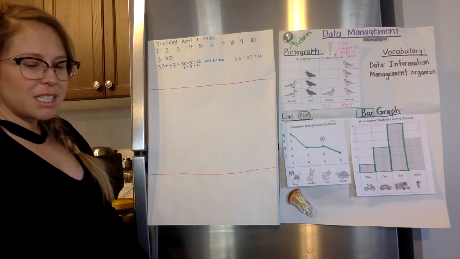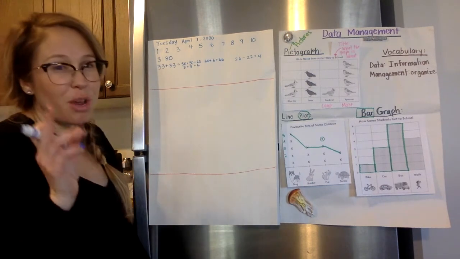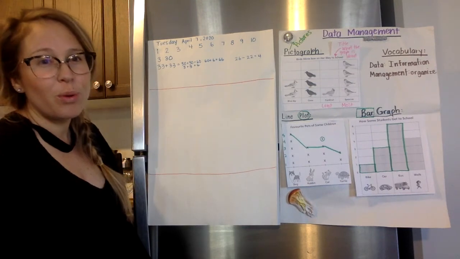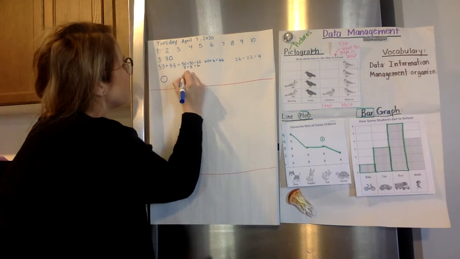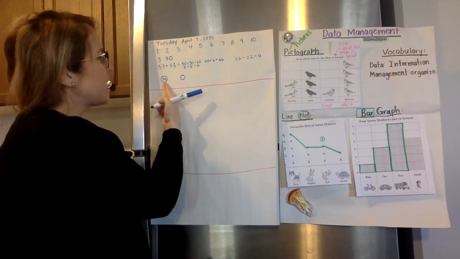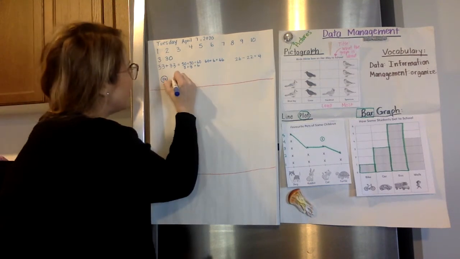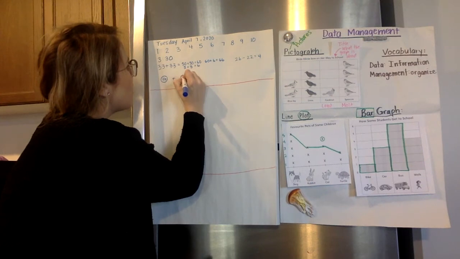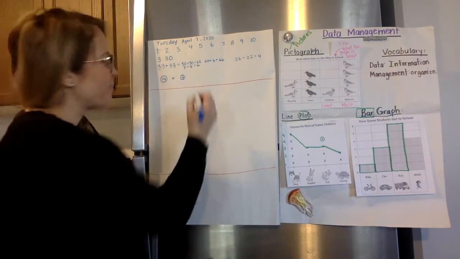And last but not least, I'm going to choose 2 coins and add them together. Yesterday we forgot to write the equation, so we are going to do that today. The 2 coins that I'm going to choose today is a 10-cent coin, which is also called a dime, and a 1-cent coin, which is also called a penny.